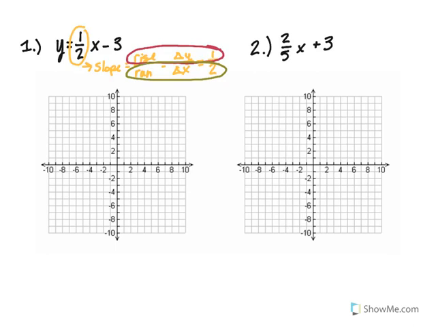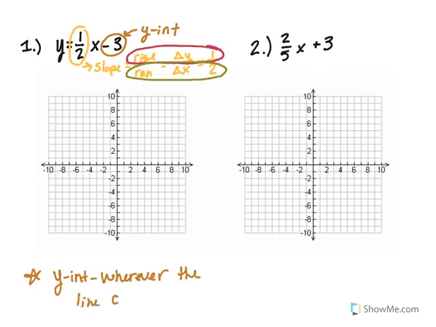The other piece that we have on here is this -3. This -3 is our y-intercept. If you don't remember this, I would write this down: your y-intercept is wherever the line crosses the y-axis.